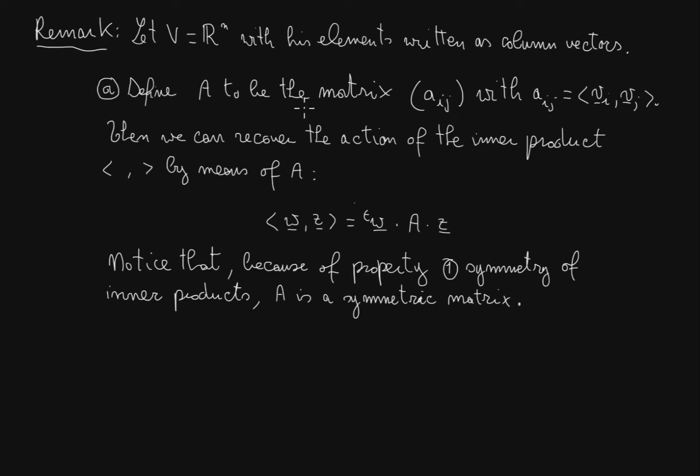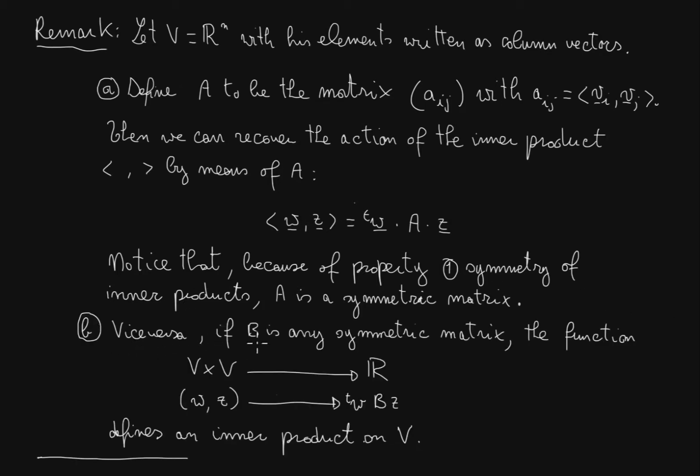Notice that because of property 1, the symmetry of the inner product, A is a symmetric matrix. Simply because if we invert i with j, we are multiplying, instead of v_i times v_j, v_j times v_i, and by the symmetry, these two numbers are the same.